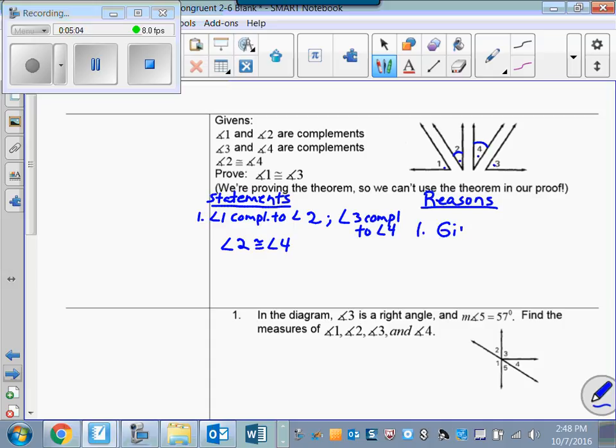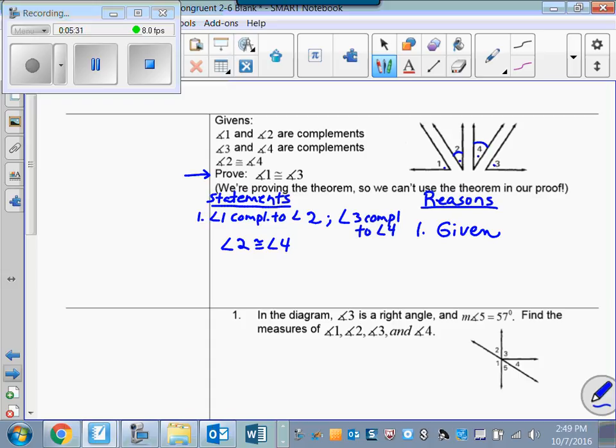So all that's given to me. All right, so what am I trying to prove now? I'm trying to prove the theorem, that's right, the congruent complements theorem. Okay, so let's see what I've got to do.